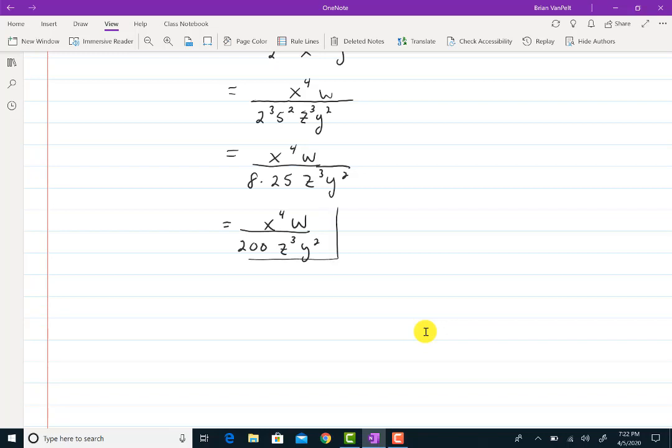And there you go. All of the exponents have been fixed, and now everything is raised to a positive exponent. Let me do some more examples.